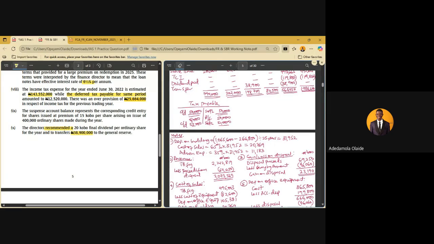Ideally, when they realized that they have over provided, they should have taken it out of the payable account. That figure should no longer be payable, right?